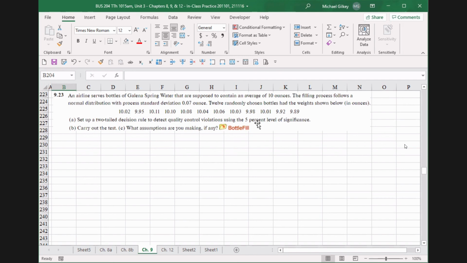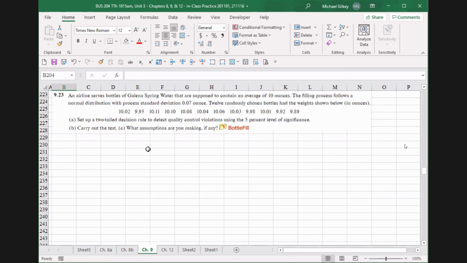Why is this two-tailed? Because too much or too little is an error. Both of those are big problems, aren't they? If we're putting too little in, then we're not giving customers what we're claiming. If we put too much in, then we're overfilling the bottles and we're wasting product. Does that make sense? So we care about both ends in this case.